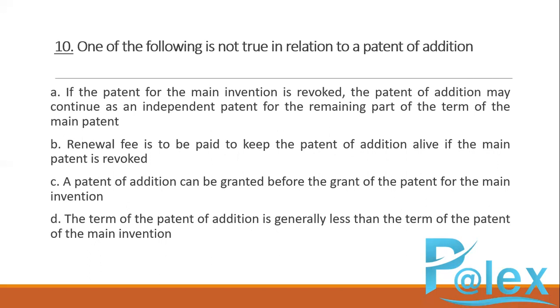This is a true statement. Renewal fee is to be paid to keep the patent of addition alive if the main patent is revoked. This is also correct. Patent of addition can be granted before grant of the main invention is a wrong answer. The term of patent of addition is generally less than the term of patent of main invention. That's also a wrong answer.